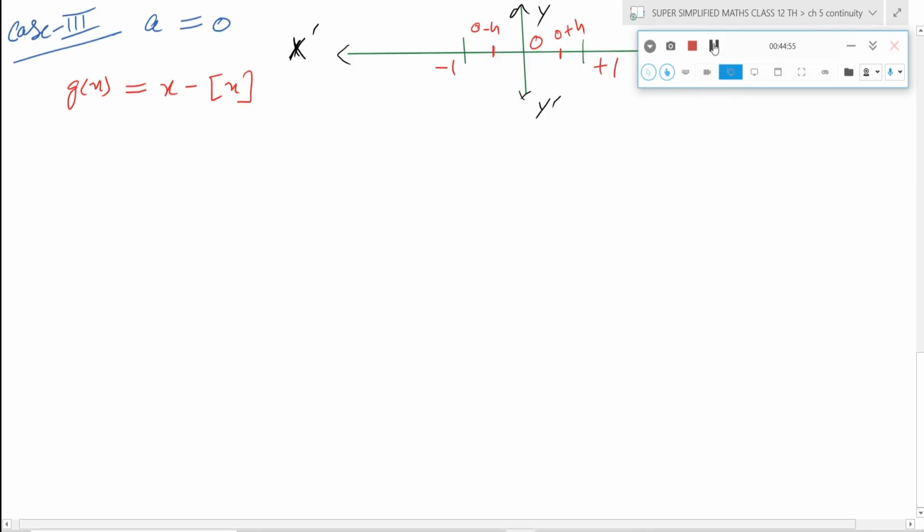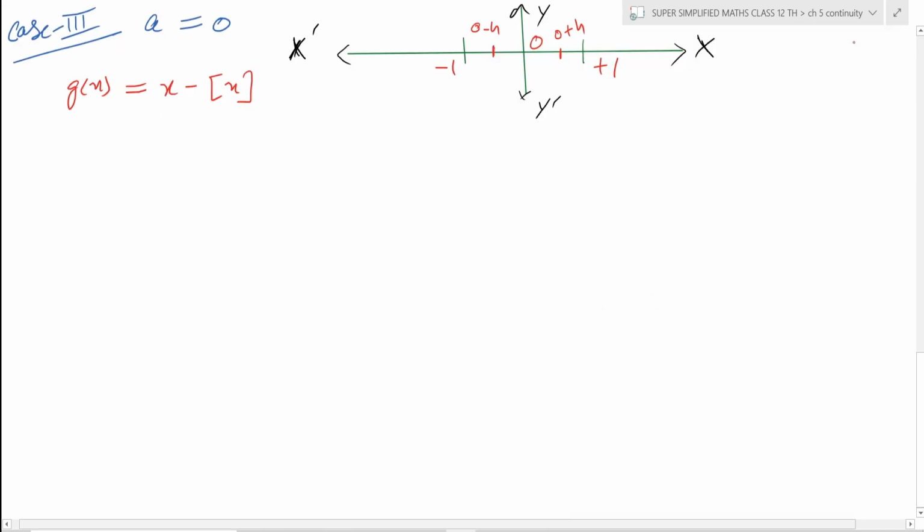Now let us take the third case, that is a is 0. It is the integer and it is 0. We have already checked for negative integers, positive integers, and now we are checking the continuity of the function g(x) for the point 0. So we find out the left hand limit at the point 0, that will be limit h tends to 0 of f(a minus h).